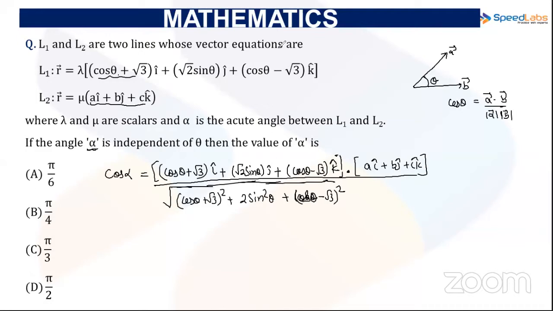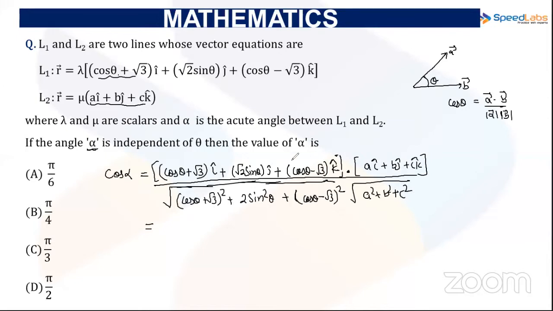So this is mod A, and finally mod B will be simply the square root of a square plus b square plus c square. All right. So cos alpha will be equal to vector A dot B upon the magnitude of A into the magnitude of B.